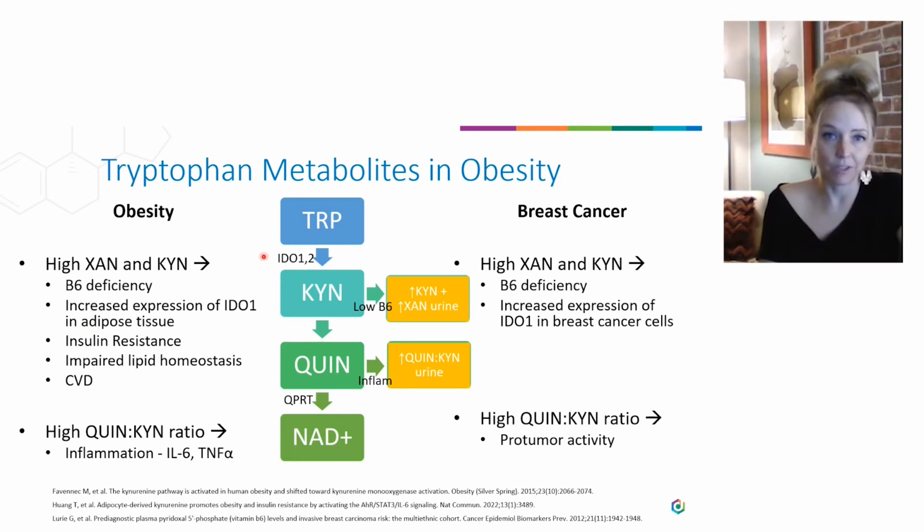So in adipose tissue, this enzyme gets upregulated significantly, and you get more formation of kine and xan, especially when you're low in B6. So in somebody who has metabolic obesity, we always want to look at kine and xan, because if that person is low in B6 and they're funneling lots of metabolism down this kynurenine pathway, they're going to get stuck at kine and xan. And when kine and xan increase in the bloodstream, especially xanthurenate, it can form complexes with insulin, which essentially gloms onto it and doesn't allow it to bind its insulin receptors.